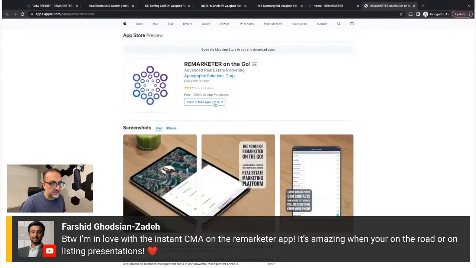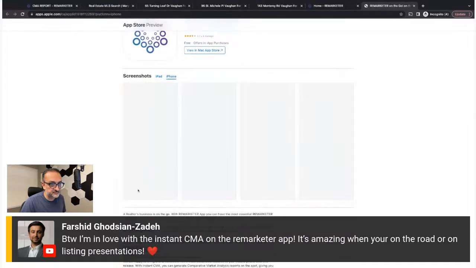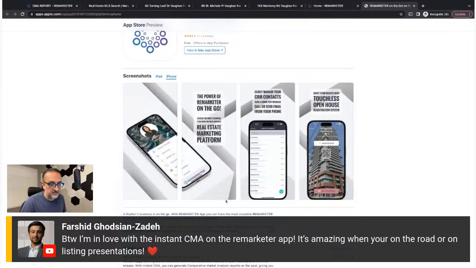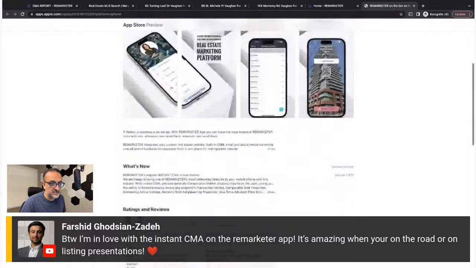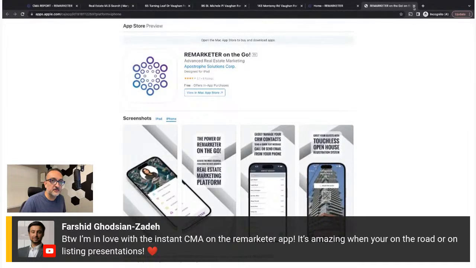There it is. It's called REMARKETER on the Go. So search for that, and you're going to be able to see the app, which now includes an instant CMA as well. And you can do your instant CMAs on the phone as well.